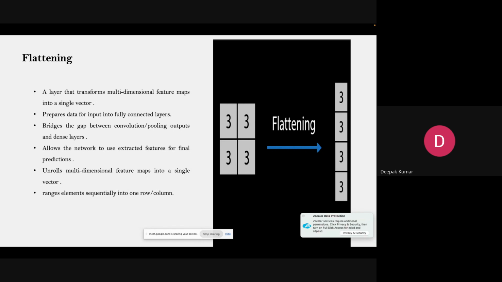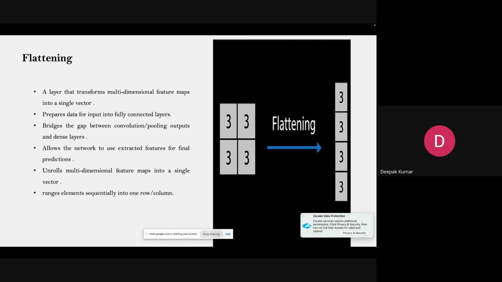So here the output is 2 by 2. We simply flatten it out. This is not a good example, but it simply starts from the top left corner and puts the values in order: 0, 0, 0, 1, 1, 0, and 1, 1. Simply flattened out, this is called a flatten layer.